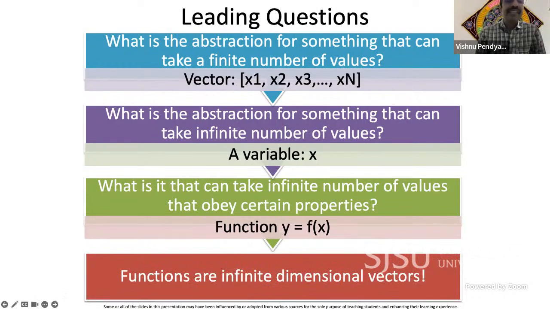In that sense, you can view functions as infinite dimensional vectors. We started with vectors, and essentially functions are infinite dimensional vectors. So instead of discrete values, we have continuous values.